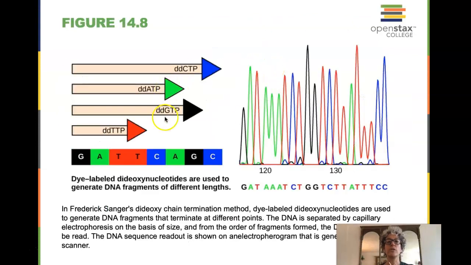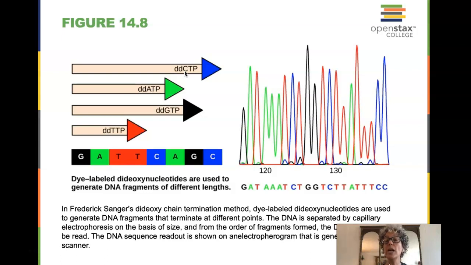For our sequencing, we not only have the deoxynucleotides, which is what we need to build a copy of DNA, we also have di-deoxy, meaning there's a hydrogen at that 2' carbon, which is what should be on a DNA nucleotide, but there's also only a hydrogen at the 3' end.